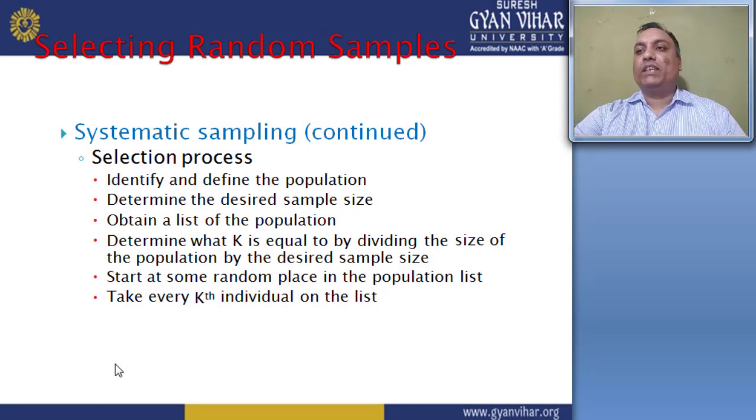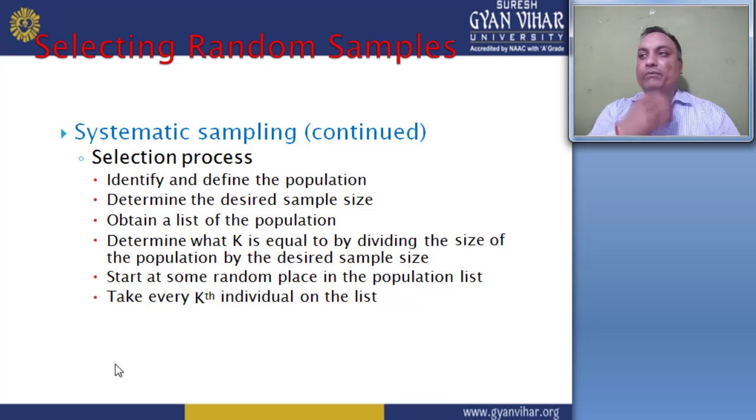Next, what types of sampling are there in systematic sampling? Systematic sampling has 3 types. Here the types are not given, but they are: first, systematic random sampling; second, linear systematic sampling; and third, circular systematic sampling. For systematic random sampling, this is a method to select the samples at a particular preset interval.